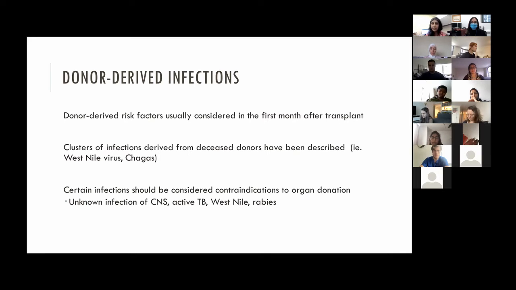So it's important to recognize that certain infections are considered contraindications to organ donation. Those are donor organs that we do not use because we know those infections can be transmitted to recipients. Those include unknown infections of the CNS, active TB in a donor, West Nile, or rabies, which, if transmitted to a recipient, can be very serious infections that can often result in mortality.